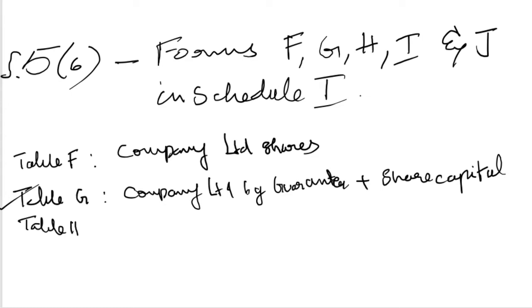Next, table H is the form of articles of association which is applicable to a company limited by guarantee and not having a share capital, only company limited by guarantee.